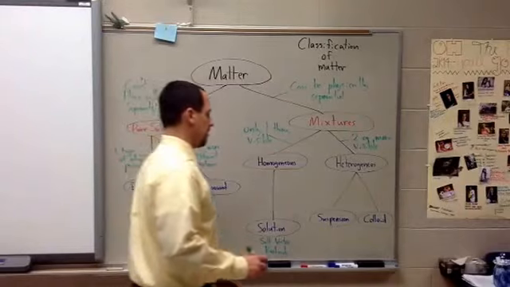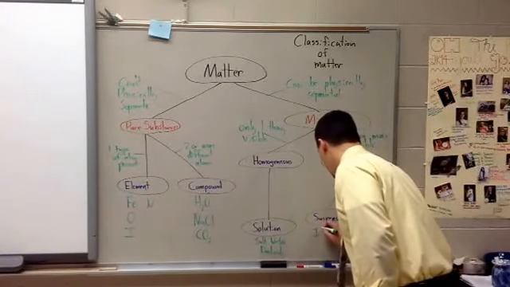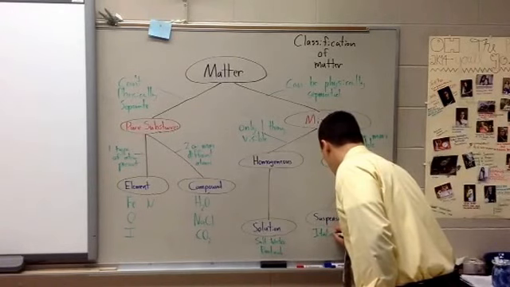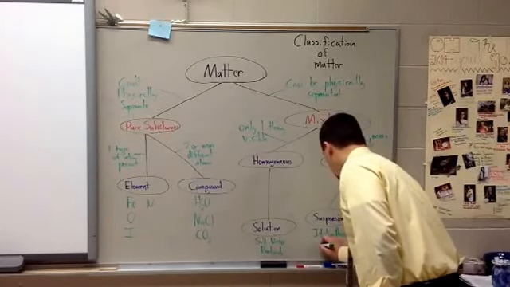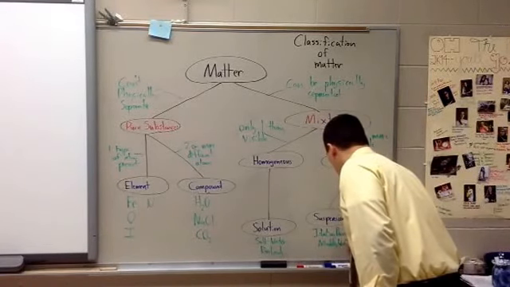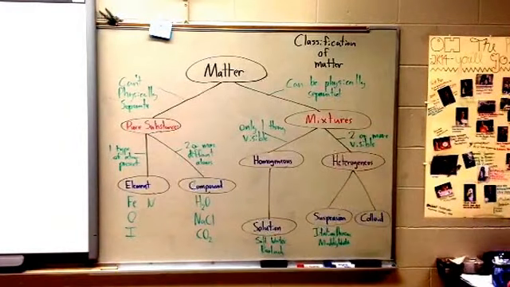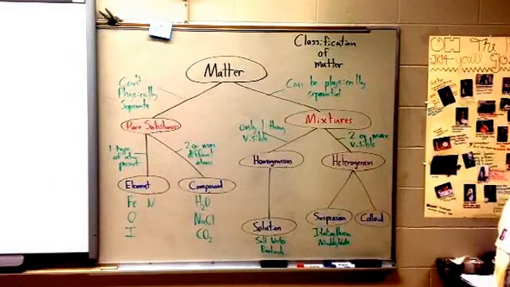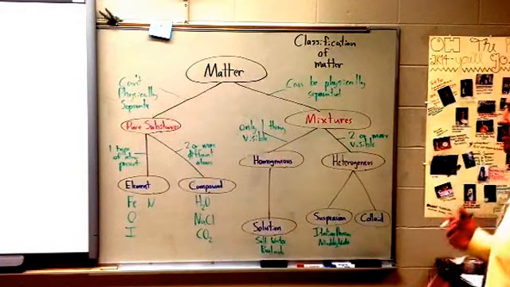So an example of a suspension would be Italian salad dressing, or muddy water. You know that if you leave a lake or a pond or a river alone and it's not moving, that water eventually will be clear. The reason it stays murky is something stirring up the water, agitating it.